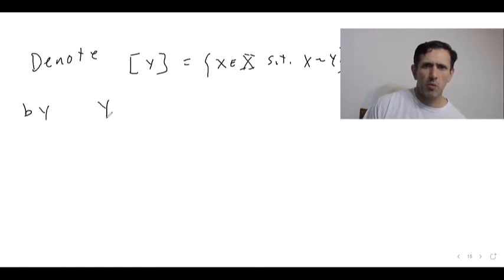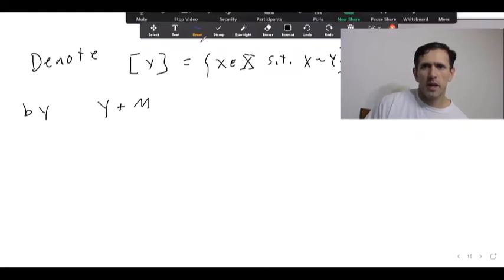We denote this by y plus M. M is a subspace, so this has no formal meaning. It's just more convenient to write it like this. By definition, y plus M is the class generated by y, where y is some element in big X.